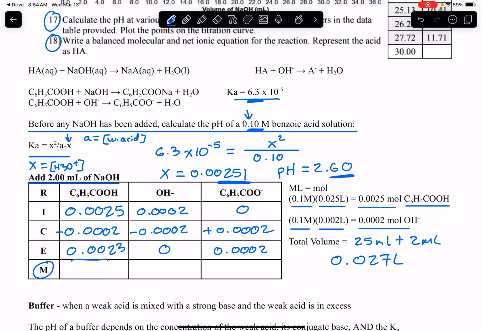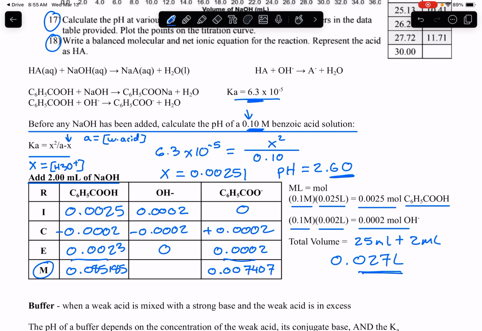So here we have moles divided by liters, and we get 0.085185. And yes, that's a ridiculous amount of numbers, but we're just going to use them for the sake of it. We have 0 sodium hydroxide left over. Then we take moles divided by the total liters, and our conjugate base has a molarity of 0.007407.